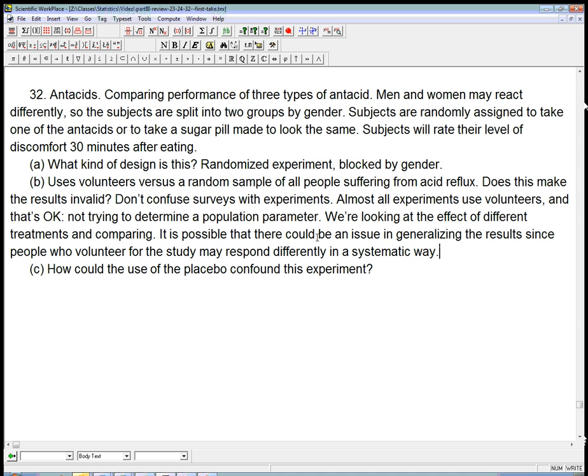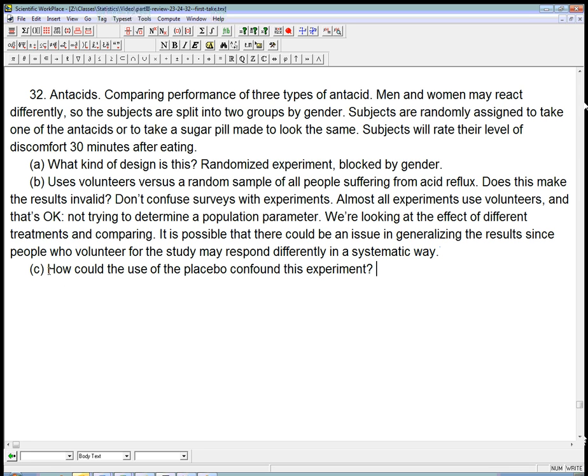Maybe if they've had acid reflux for 5 years, and they don't respond to a study, it might be because they've tried a lot of treatments and nothing seems to make a difference. Whereas if they do respond to a study, it may be because they've seen some differences. I think the medications are effective, but I'm interested in helping them figure out what's the most effective. So there could be some issue there, but I don't want to overemphasize that and say, oh, it has to be a random sample of the people suffering from some condition. That's just not going to happen, practically speaking.